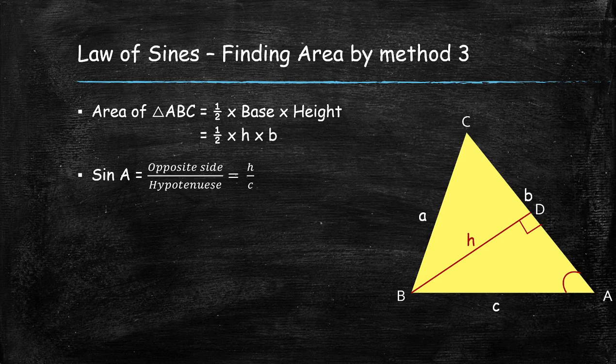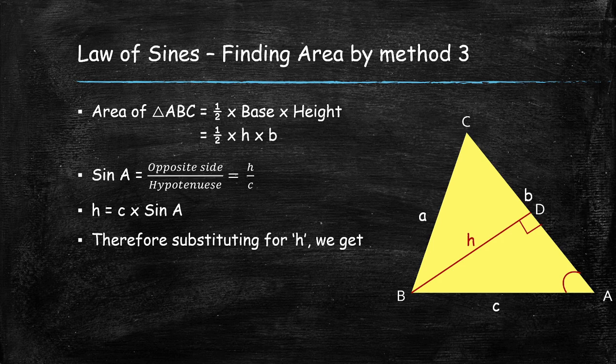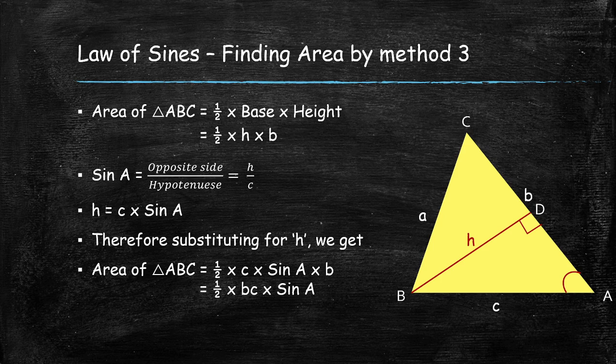As it is a right angle triangle, trigonometric functions are used, and sine of angle A is the opposite side, which is H, over the hypotenuse, which is C. Now we transpose C to the other side and we get the height as C into sine A. So here also we substitute for H, and we get the area of triangle ABC as half into C into sine A into B, half into BC into sine A.